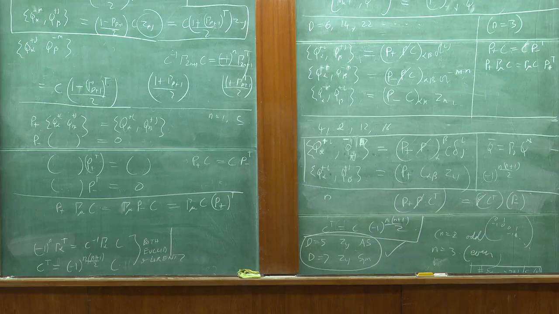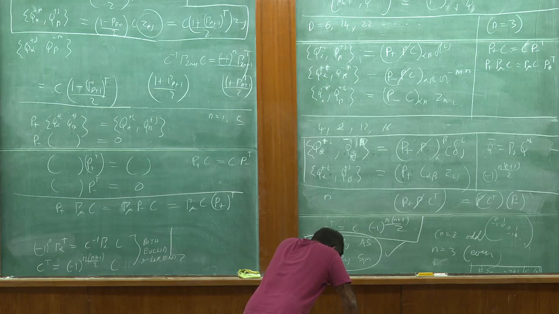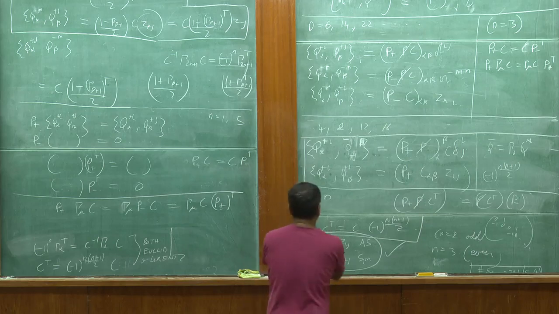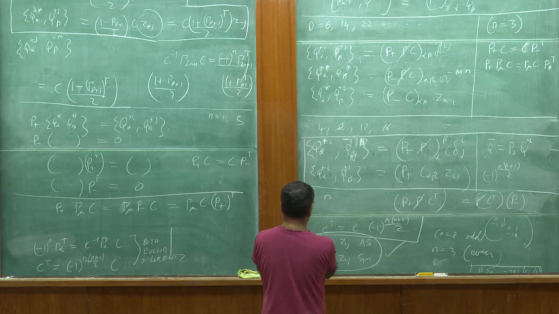One complex chiral charge, you get U(1).